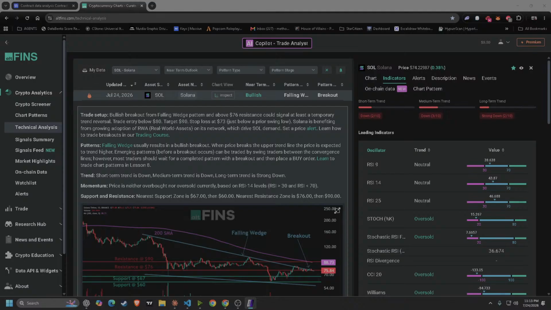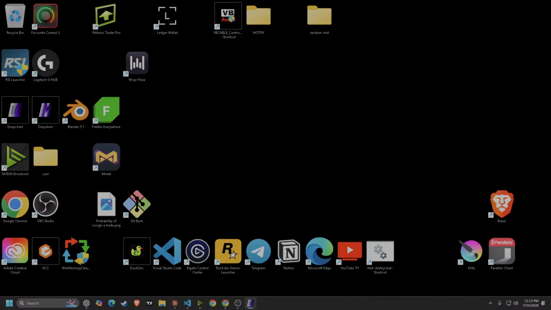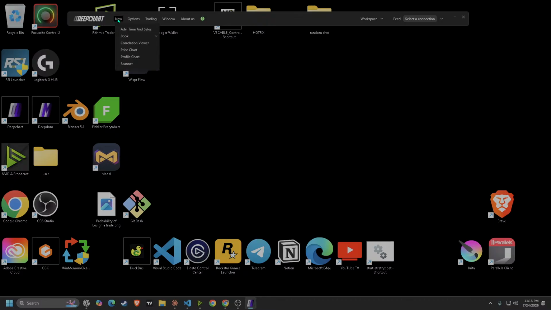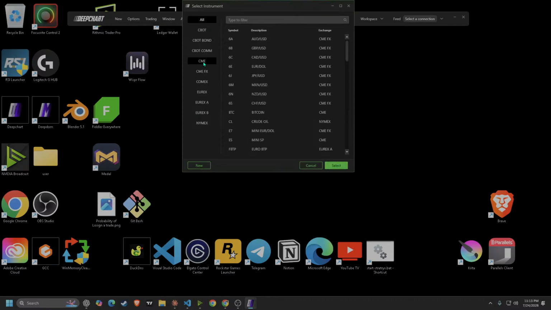Let's go ahead and get rid of that. So the first thing we're doing is we're going to use Deepcharts. And we're going to create a new profile chart, and we're going to do it for NQ.